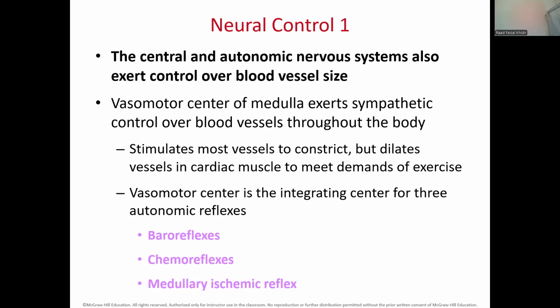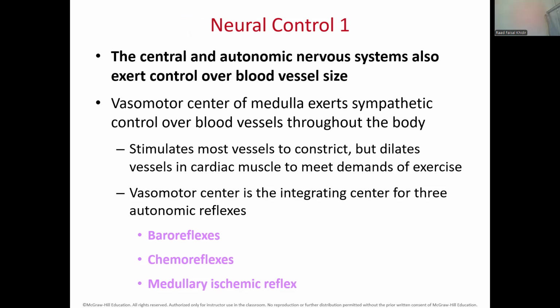So is that the medullary ischemic receptors? Reflex. The medullary ischemic receptors are going to detect that. I know there are chemoreceptors, and there are also medullary ischemic receptors. These are receptors that make the reflex, so we're describing the reflex.